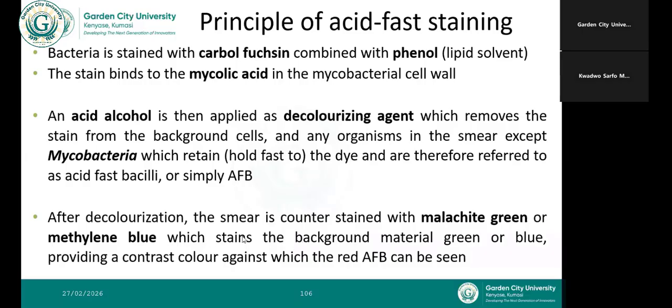If you use malachite green, then you're going to see green bacteria cells. If you use methylene blue, you're going to see blue bacteria cells. And if the mycobacterium is present, you see pink. I hope it's clear.